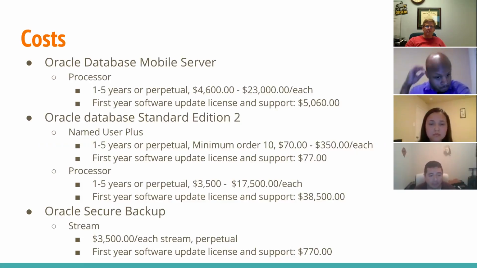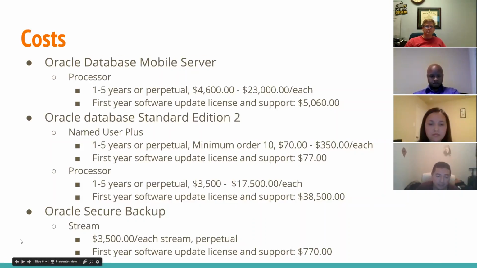The processor costs for the Database Standard Edition 2 goes for $3,500 to $17,500 each, and its software update license and support is at $38,500. The Oracle Secure Backup costs, the stream is $3,500 for each stream, and the software update license and support for that is $770.